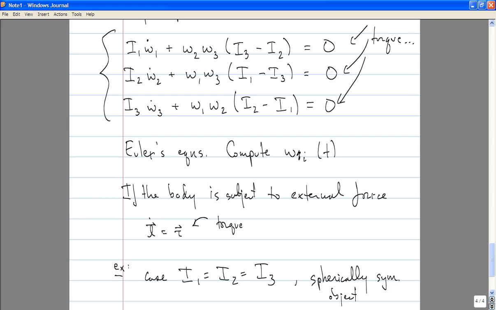So in that case, these equations are very simple. I1, I2, and I3 are all equal, so I3 minus I2, I1 minus I3, I2 minus I1 all vanish. So these equations of motion just say that omega 1, omega 2, and omega 3 are constant.